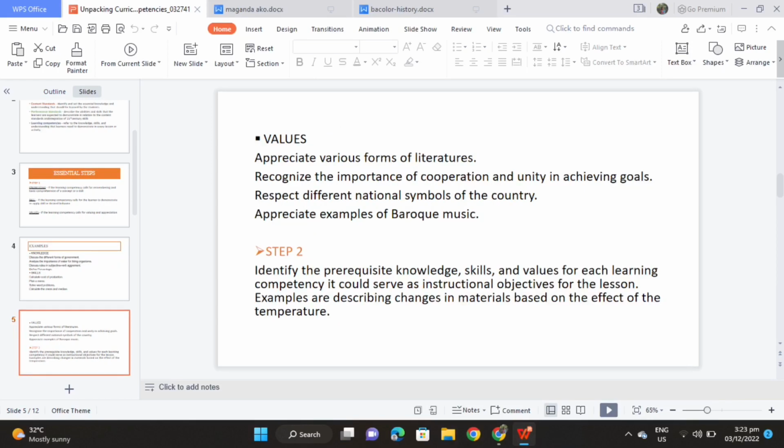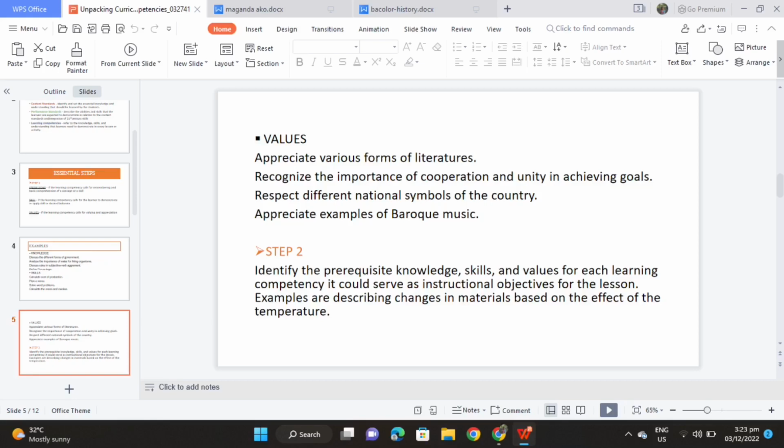Examples of values: appreciate various forms of literature, recognize the importance of cooperation and unity in achieving goals, respect different national symbols of the country. And the last is appreciate examples of Baroque music.